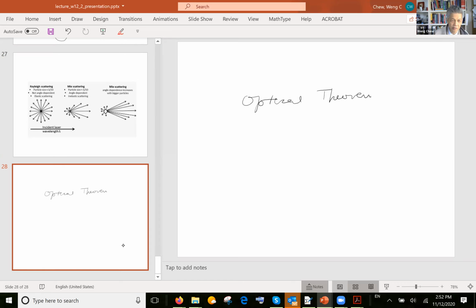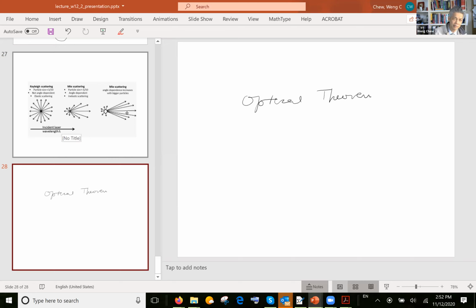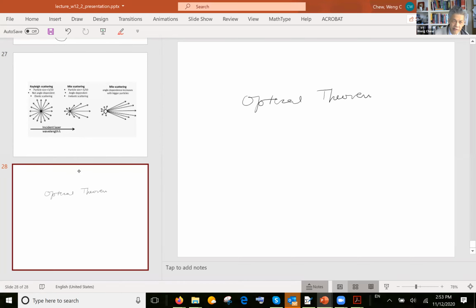It's a beautiful theorem, okay? It says that light scatters predominantly in the forward direction as the frequency gets higher. It's unintuitive, but it is true. Okay, I explained that in the lecture notes.